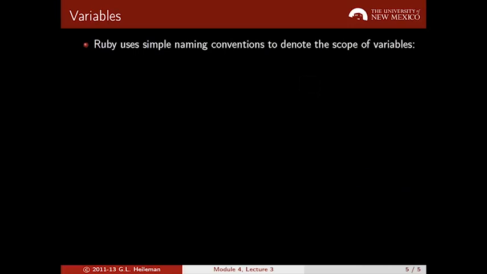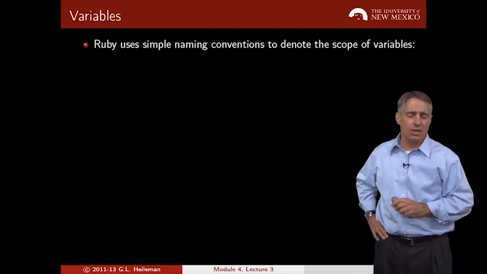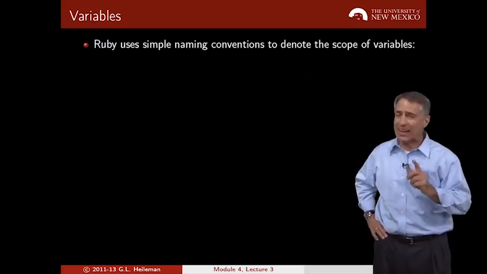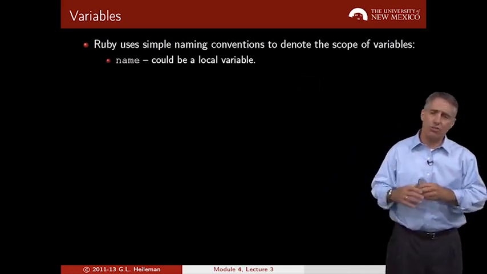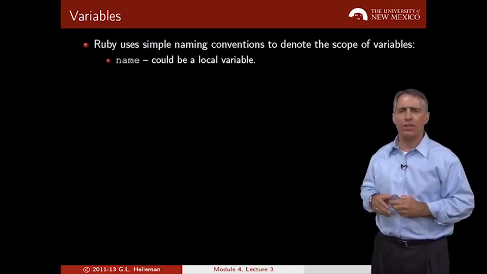The naming conventions in Ruby that I have just referred to and that you should follow are as follows. It's a very simple naming convention where you denote the scope of the variable and also the type of the variable by how you name it. So if you just use name, then that's probably a local variable. So name itself is the literal here.